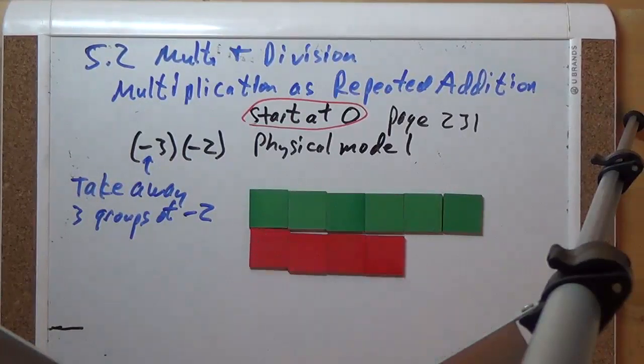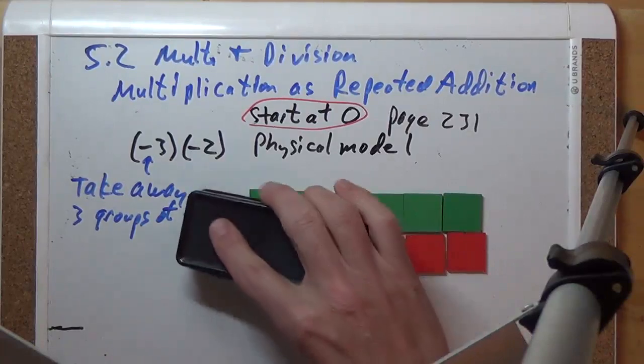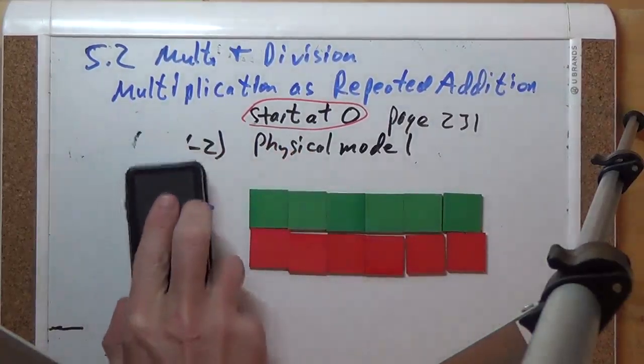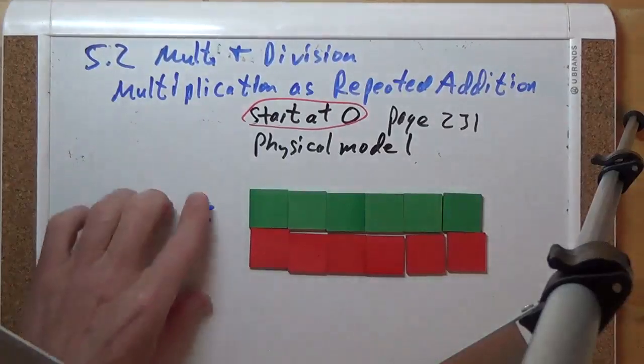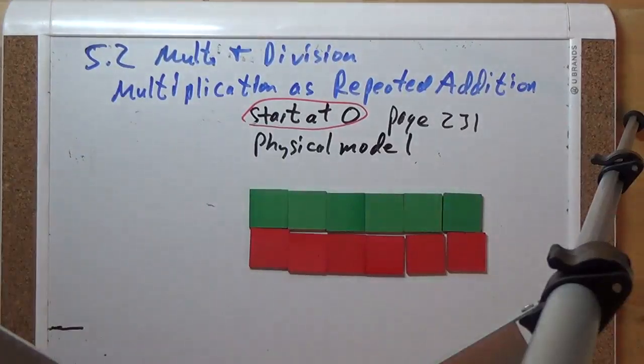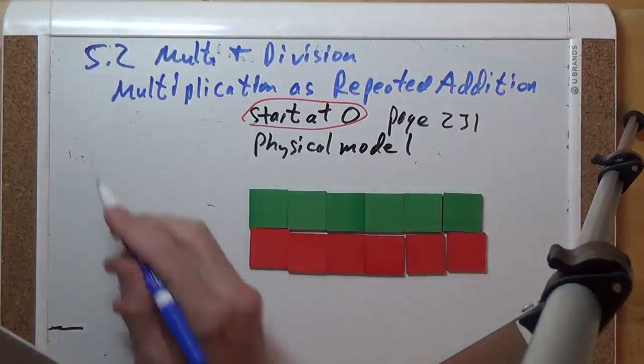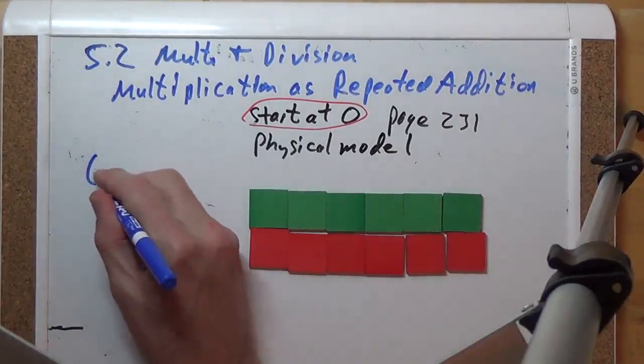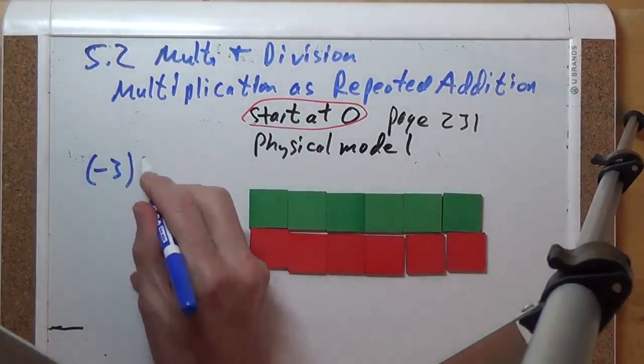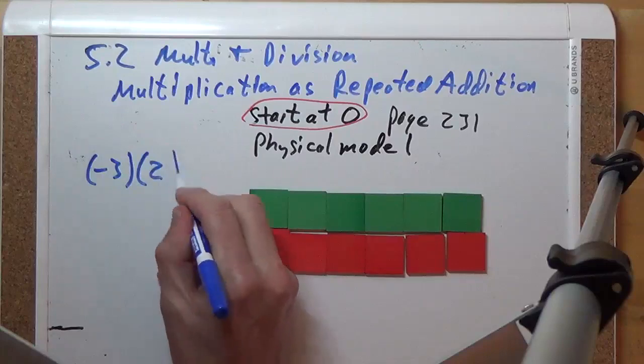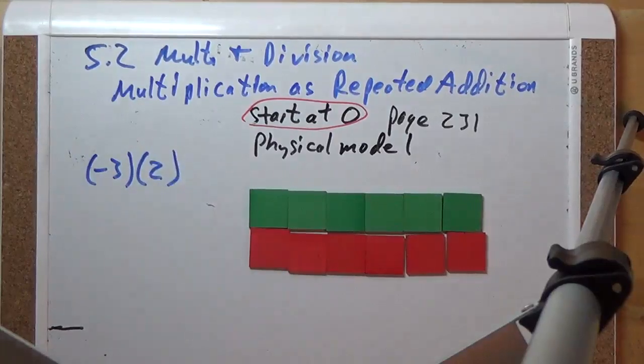Now, we want to see if our model is consistent. So I'm going to change our problem a bit, and I'll give you a little time to think about this one. What if I did negative 3 times 2? What's the interpretation here? Maybe pause the video and think about it.